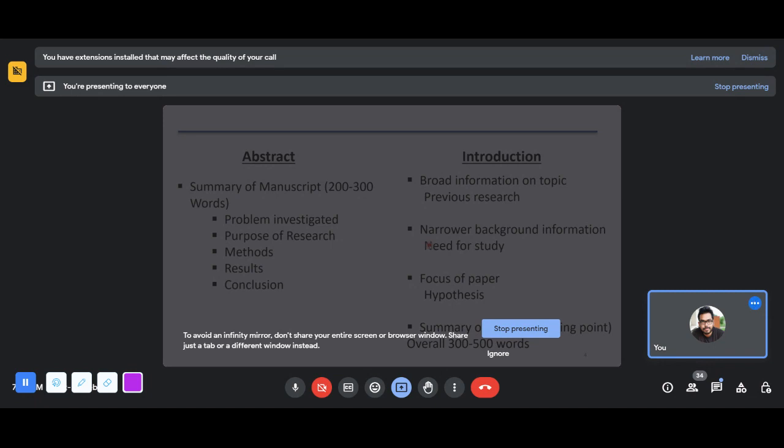That is very important, because unless you give the background why you are choosing this topic... In the abstract you can argue that, yeah, we have already told that in the abstract, but now your main paper is starting from the introduction, not the abstract. Abstract is there, but people want to go through your paper in detail, so they will start from the introduction, right? So not from the abstract.